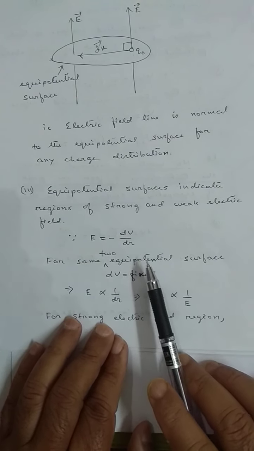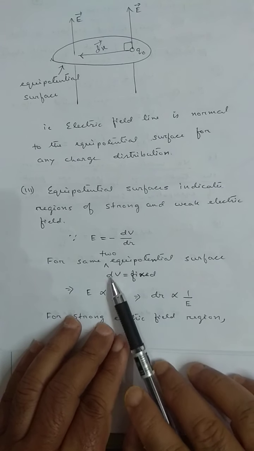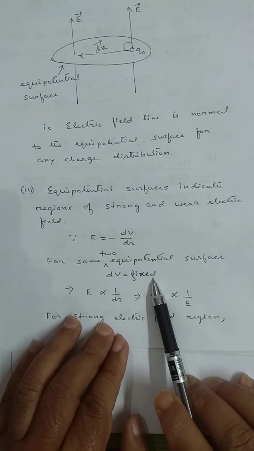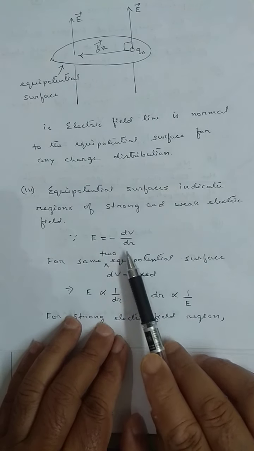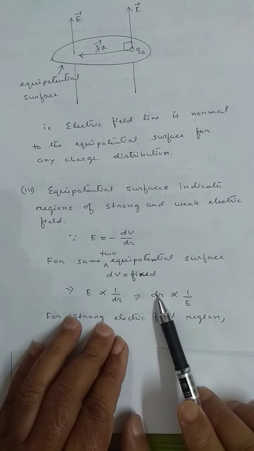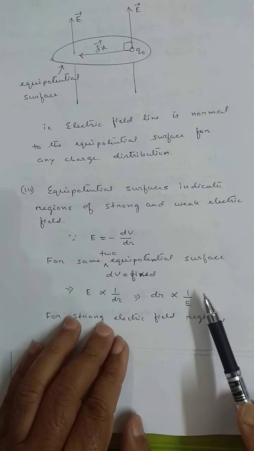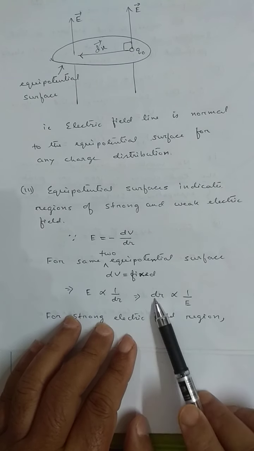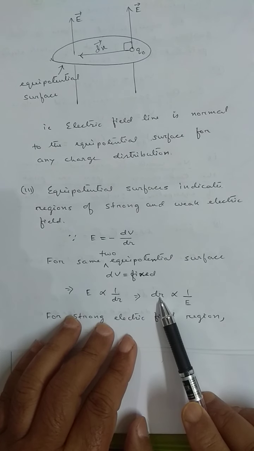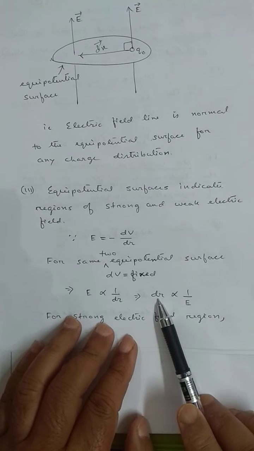Say I have 2 equipotential surfaces. What is the difference of potential? It remains constant. That means dV is constant, so E is inversely proportional to dr. That means if the electric field in a region is strong, dr should be less, and if the electric field is weak, dr should be high.